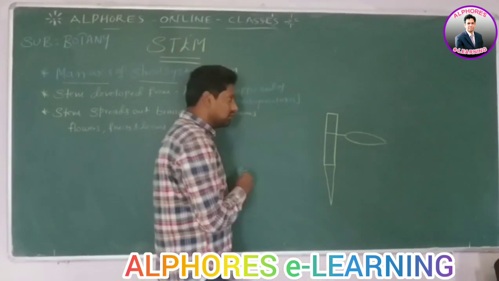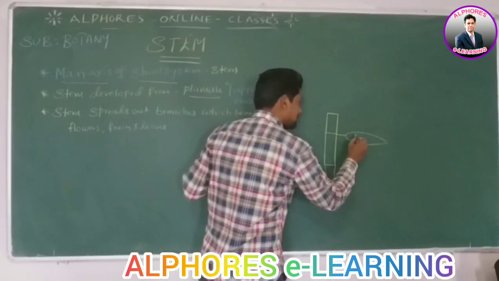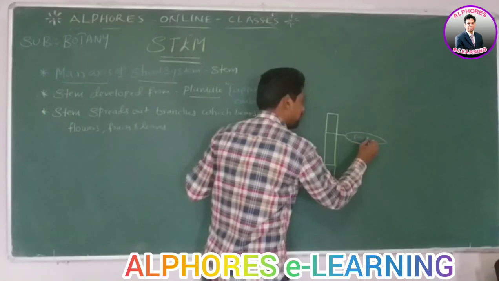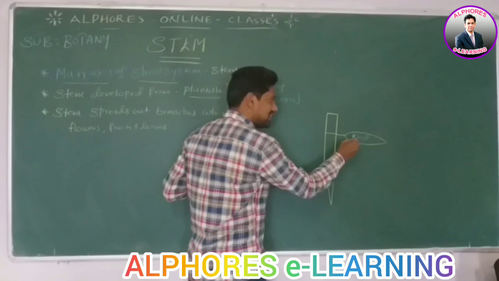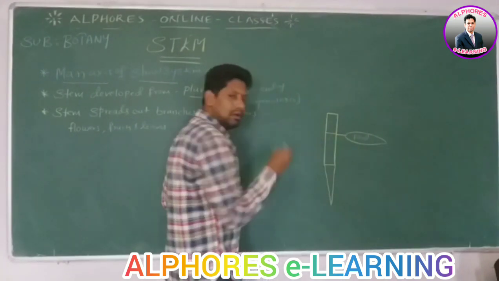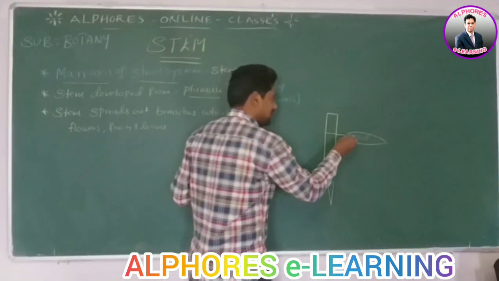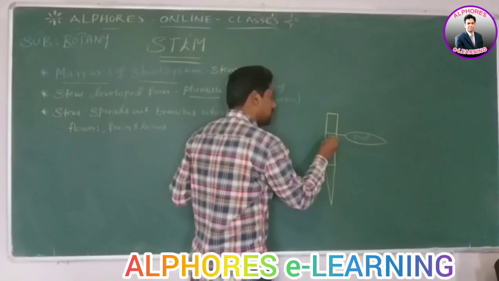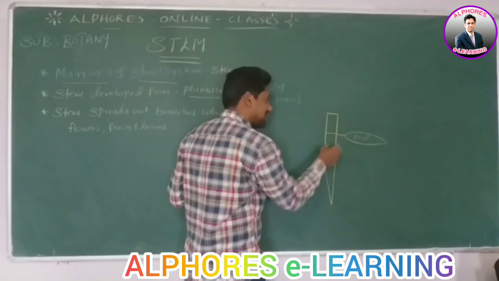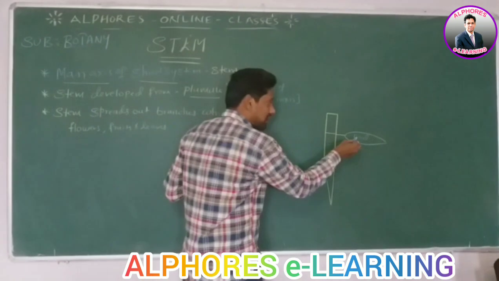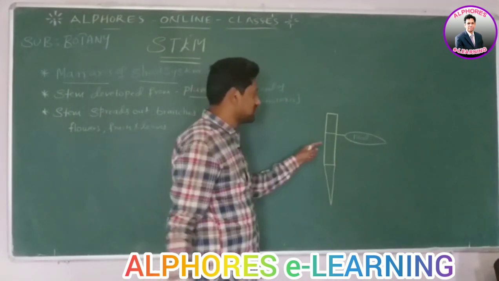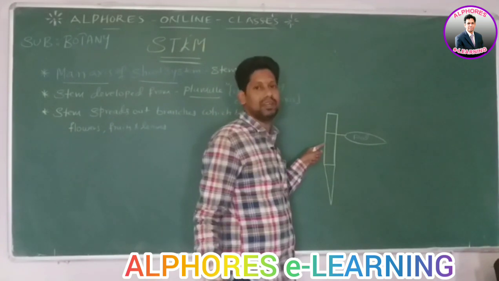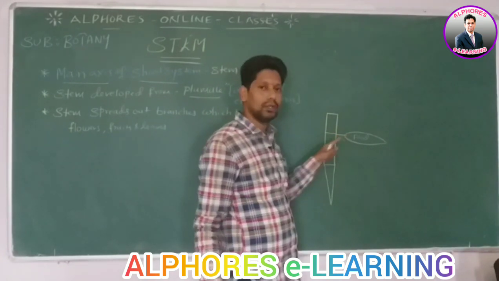Now the food materials which are synthesized in the leaf by photosynthesis, if they want to move to the root, they have to move through the stem. It means a stem helps in conduction of food materials from the leaf to root.